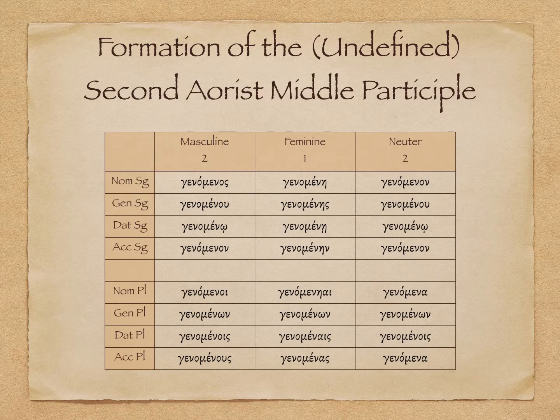Second aorist middle participle, same idea. What distinguishes here the second aorist from the first aorist middle participle? It's the sigma alpha, right? No sigma alpha here, so no tense formative.